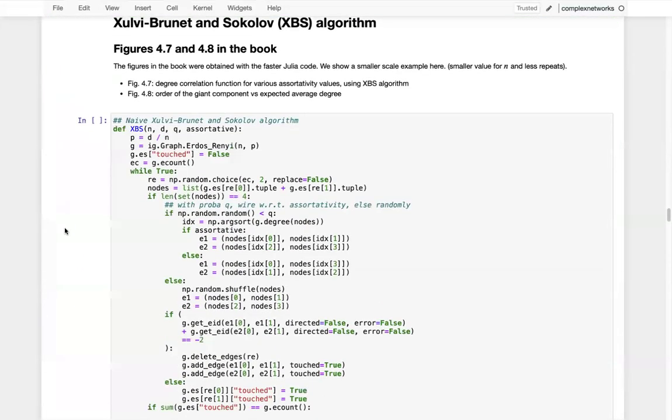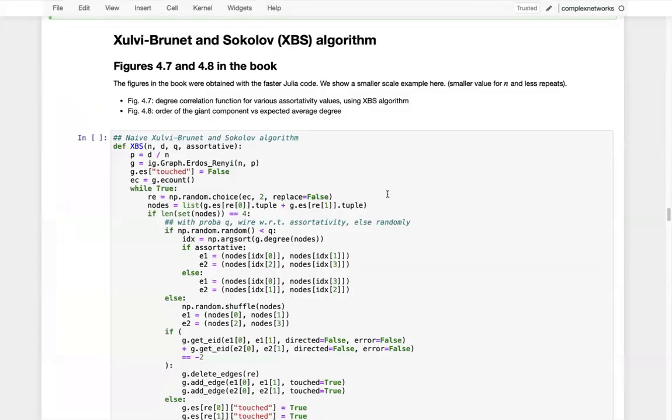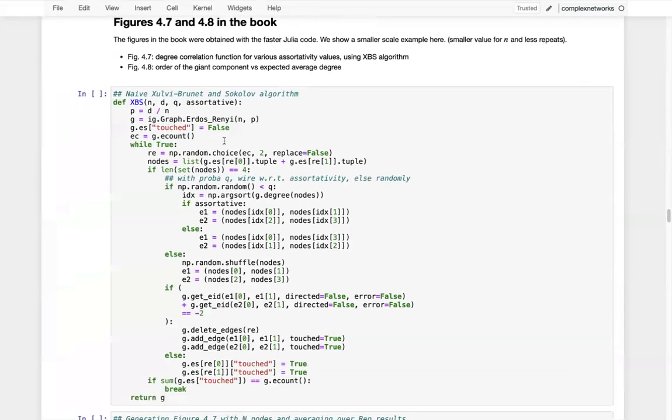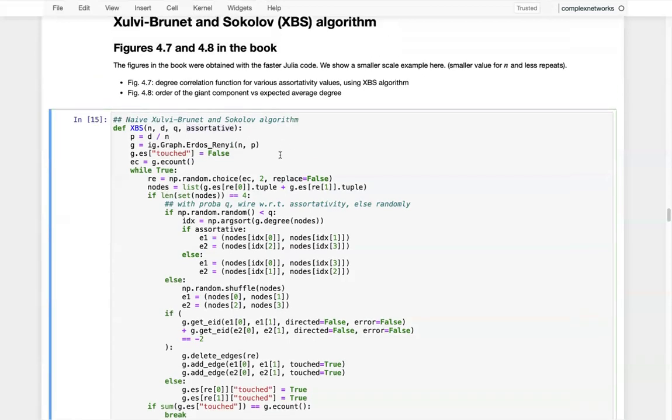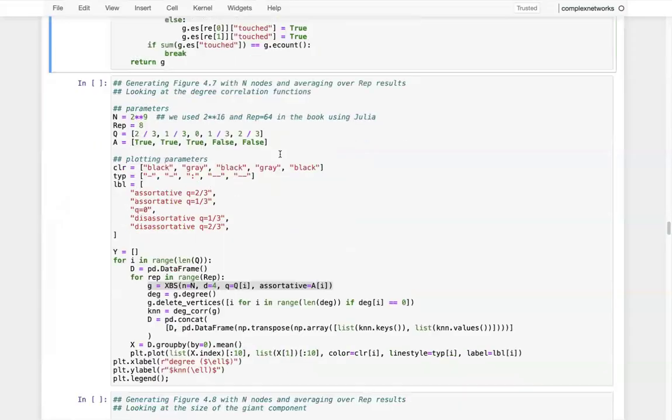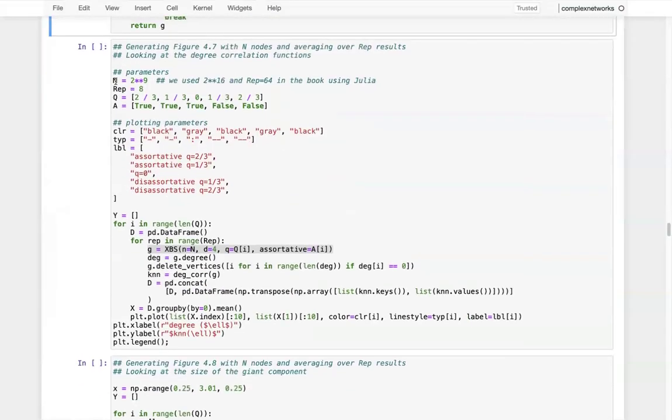Okay, so next we're going to be looking at a model that allows us to generate graphs that do have assortativity, negative or positive assortativity, this XBS algorithm. The main parameters are Q, which defines the amount of assortativity, and then whether the assortativity is positive or negative. Once again, there's more details in the book. But what we're going to do basically is fix the number of nodes and the number of repeats per set of parameters.